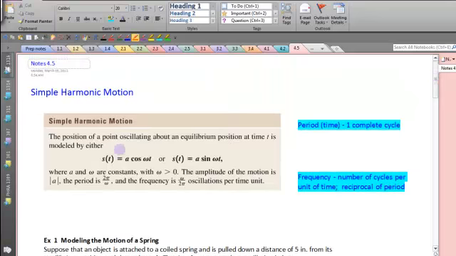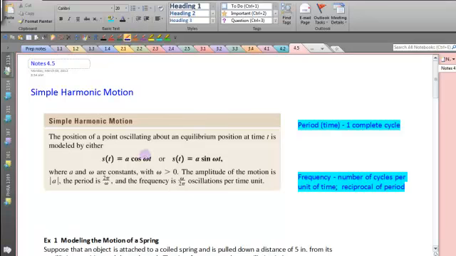Simple harmonic motion can be found using arc length as a function of time, and this trig function right here where we have amplitude times some cosine. Then in here it's the cosine of the angular speed and time.